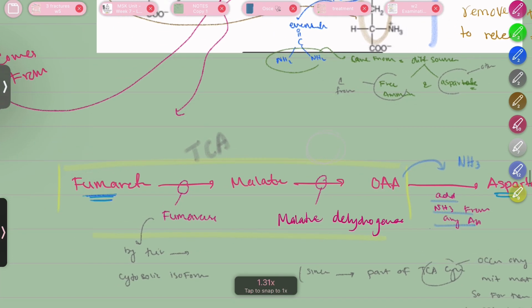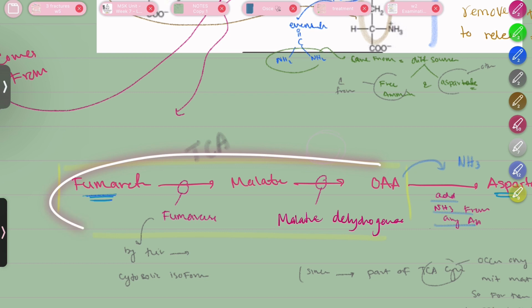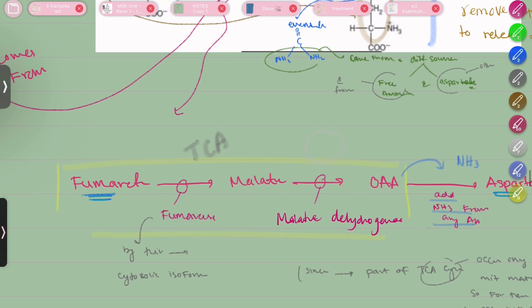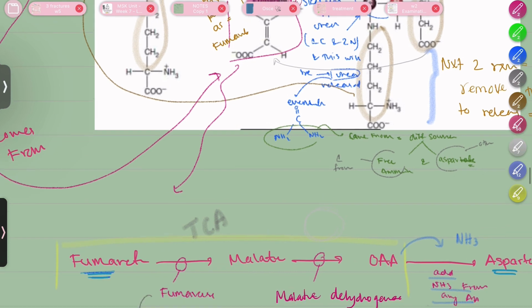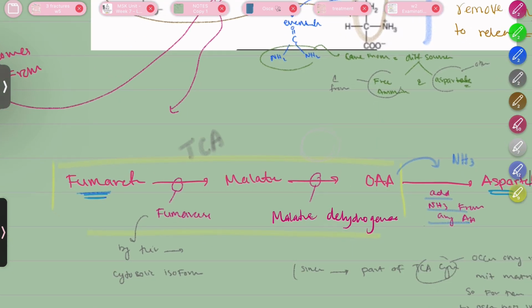How is that done? If you notice over here, they're exactly the same compounds that are used in the TCA cycle and even the same enzymes, but one thing that differs is the isoform of the enzyme. Over here we have the cytosolic isoform because these reactions occur in the cytoplasm. However, in the TCA cycle, we had the mitochondrial isoform of these enzymes.